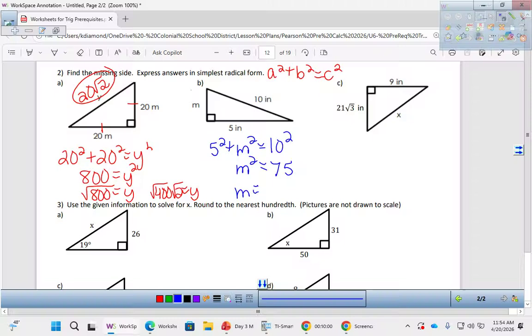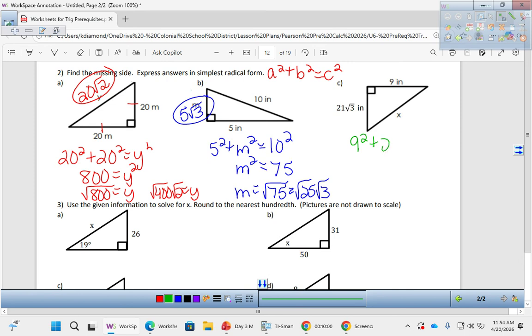So m equals the square root of 75, which I can break up into 25 and 3. So this is 5 root 3. You also, because you know the hypotenuse is double that small leg, you also could use the 30, 60, 90 rules.